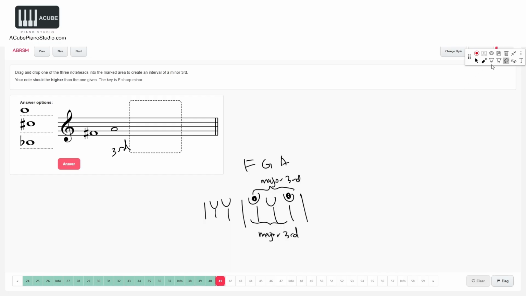No, I want minor third, right? So what do I do? Well, minor third is one semitone closer compared to major third. So instead, I have just A. So the answer for this is A. Okay, so this method that I use is called using the major key as the reference.